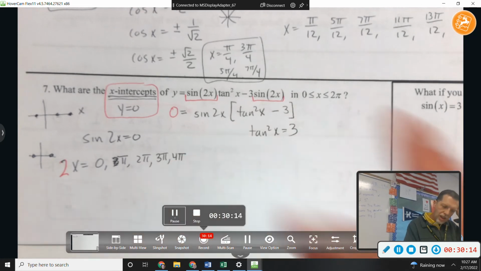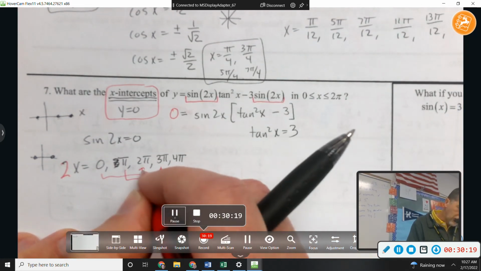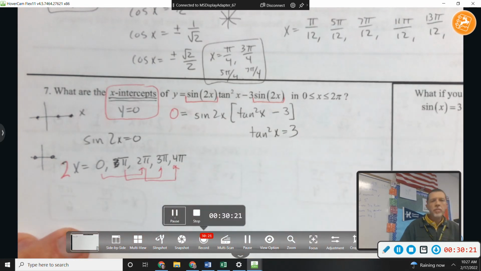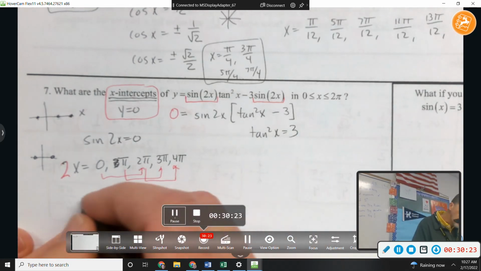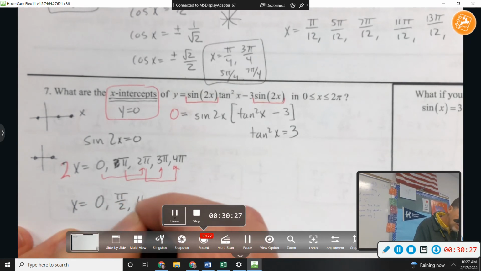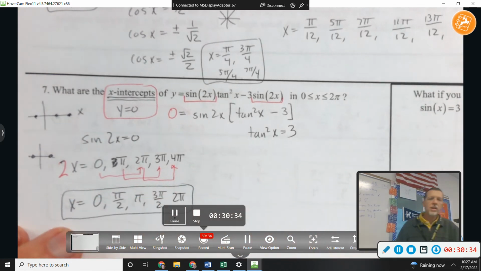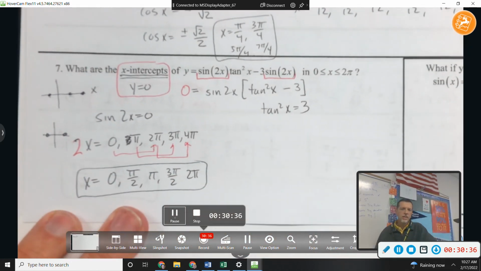And I think that's it, right? Add 2 pi to all of those. And then divide by 2. The 2x there doubled my number of answers.